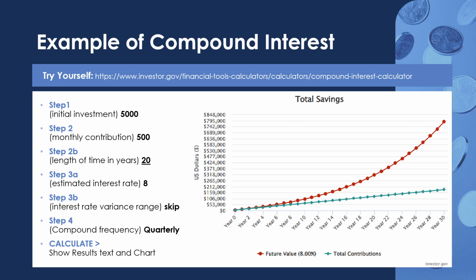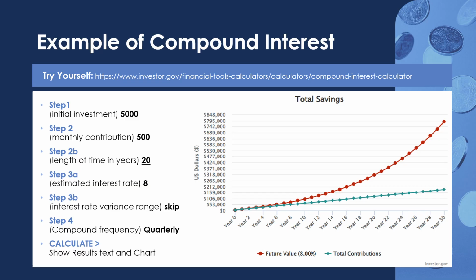Now let's look at the same example from a different perspective. This time, we'll use the same initial investment of $5,000 and continue contributing $500 each month. However, instead of investing for 40 years, we'll invest for only 20 years. We'll again assume an annual rate of return of 8% with interest compounded quarterly.